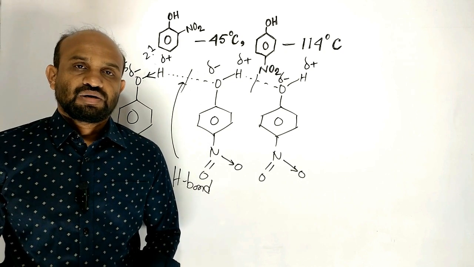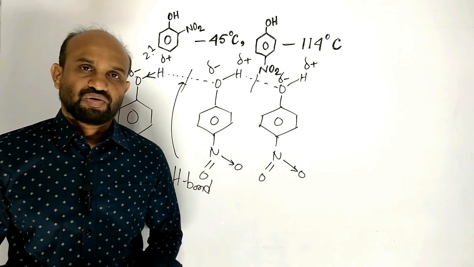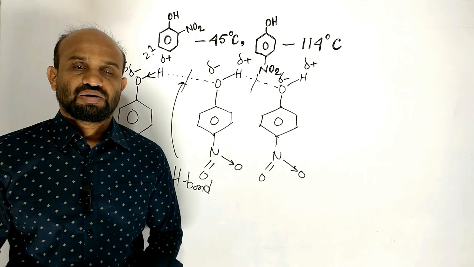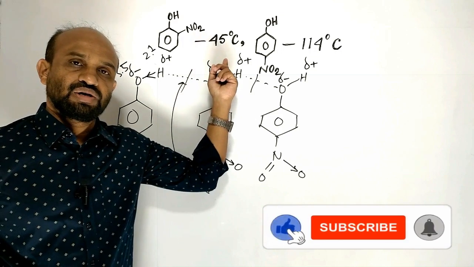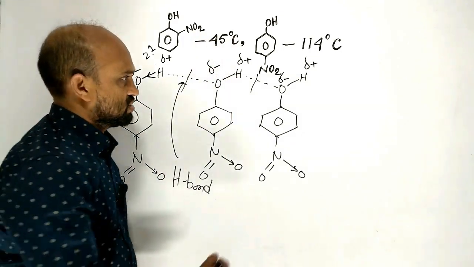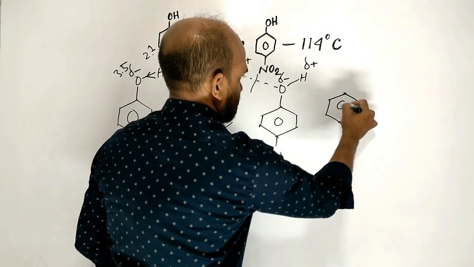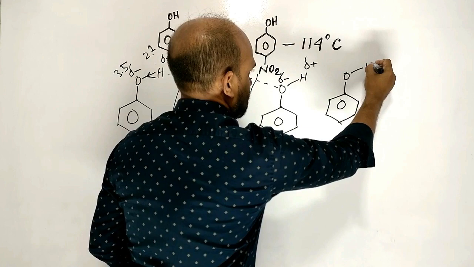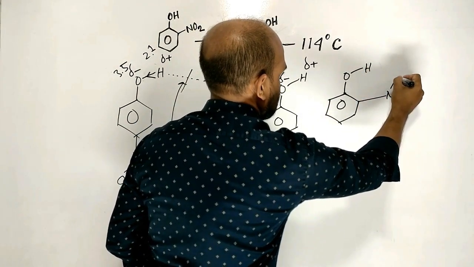Now let's see the melting point of orthonitrophenol. The melting point of orthonitrophenol is lower than paranitrophenol, and it is only 45 degrees Celsius. Let's see the matter. Phenol with a nitro group at the ortho position.